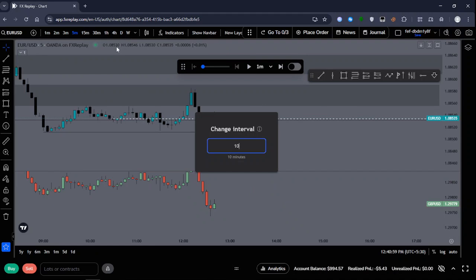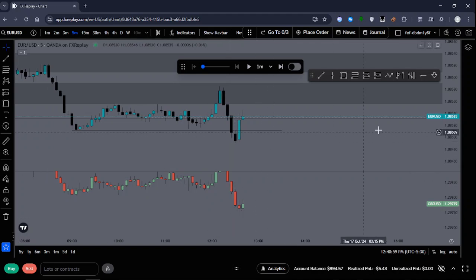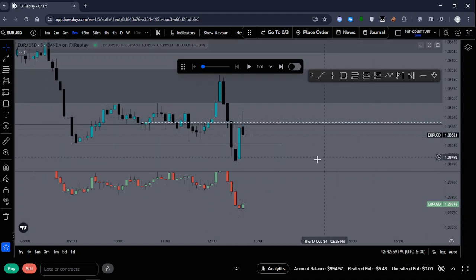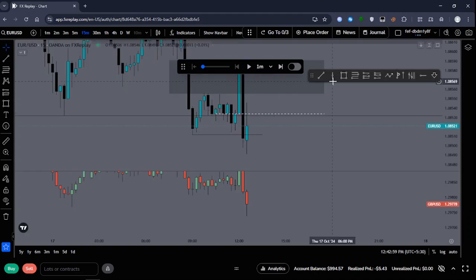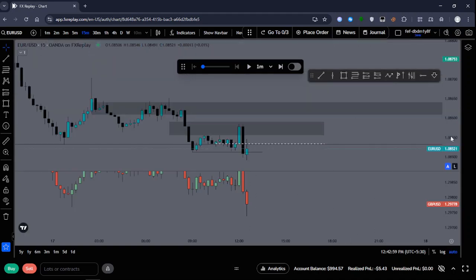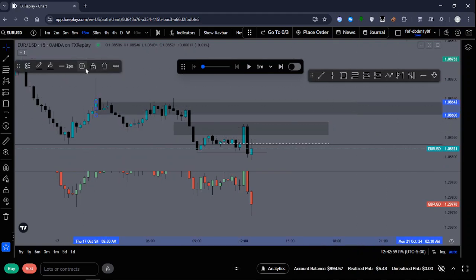Let me go to the 10 minutes. So that's the low, that's the low. Hard to say anything. Previous daily low got taken and everything.